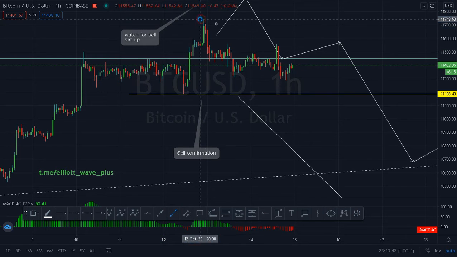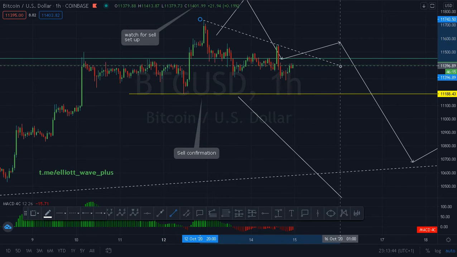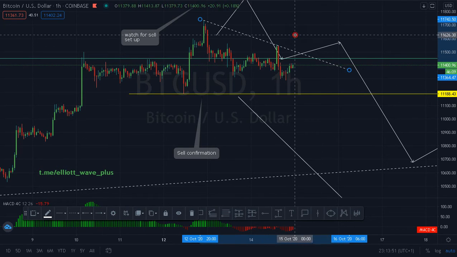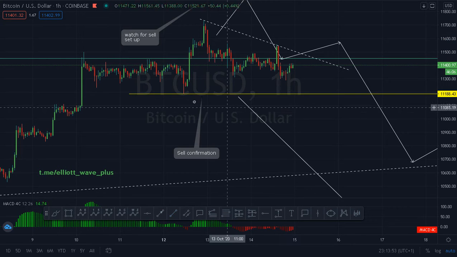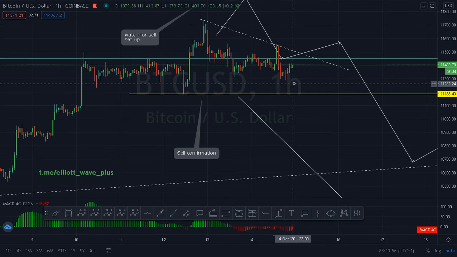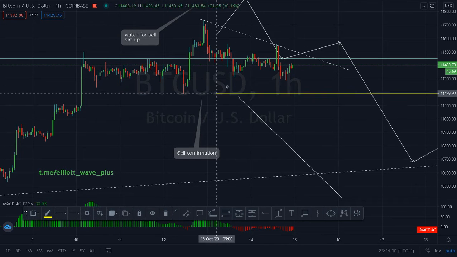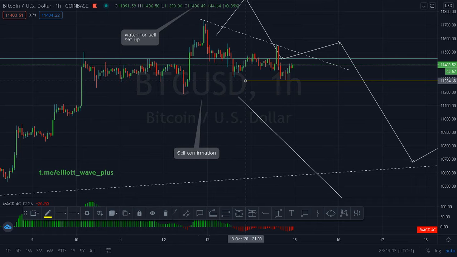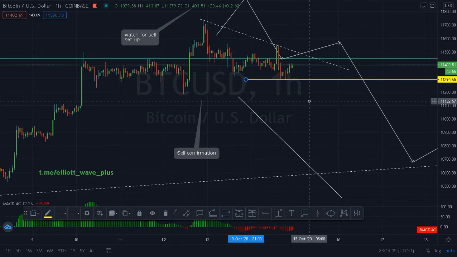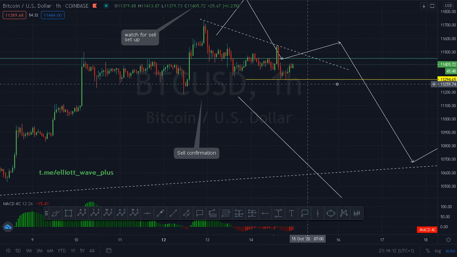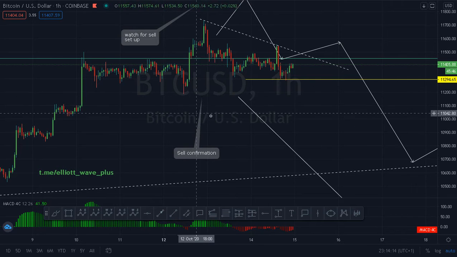The 1 hour and 4 hours are almost the same thing, so there's nothing much to show on 1 hour than to keep watching. When price breaks here, you can sell if price breaks this low. So this is 1 hour for you, because if it breaks it will likely break here, but not a must.